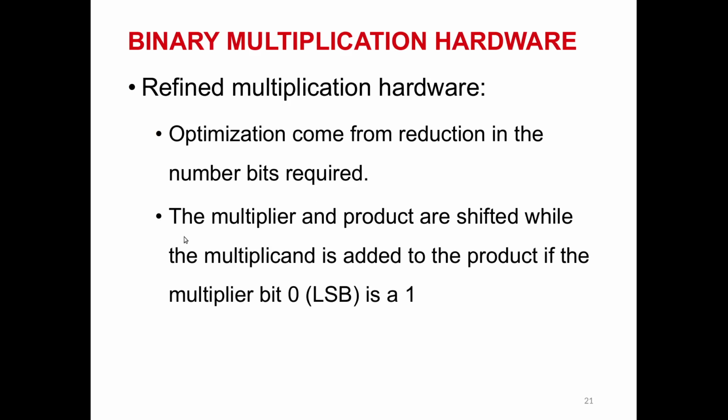And in our hardware, the multiplier and the product are shifted while the multiplicand is added to the product if the multiplier bit 0 or least significant bit is 1.